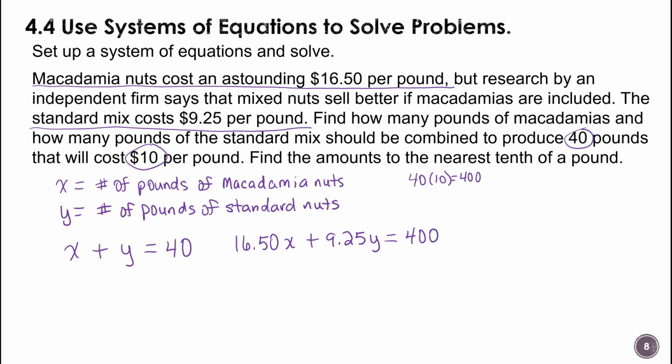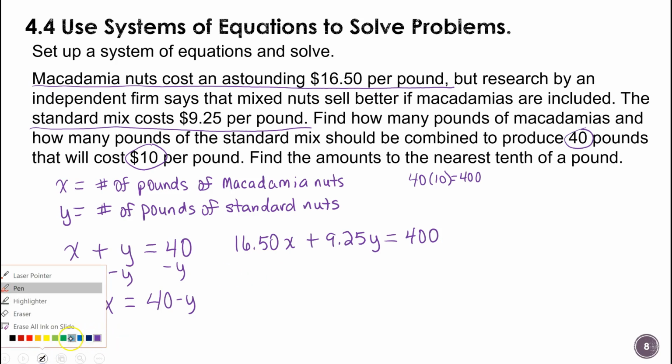So this is equal to 400. When you're working through this, it doesn't matter which variable you solve for to substitute. I am going to just subtract Y on both sides, so X equals 40 minus Y, and I would just leave it in that order because that's going to be easier to work with. So I'm substituting. I'm going to show the substituting in a different color.